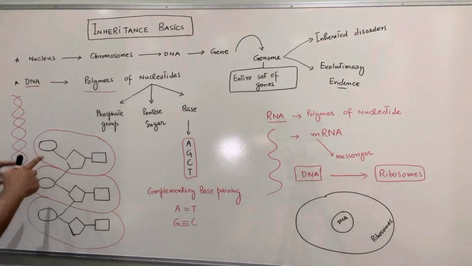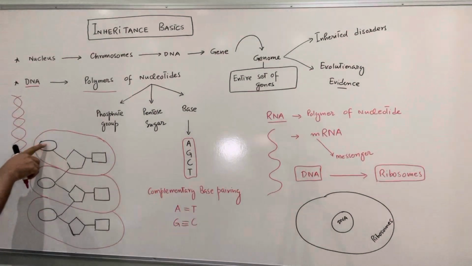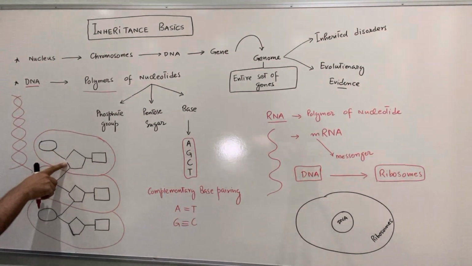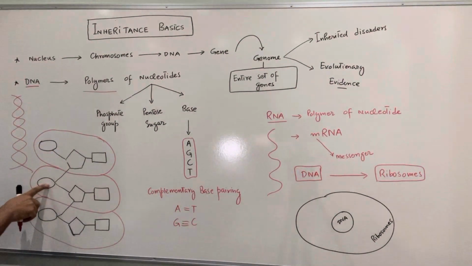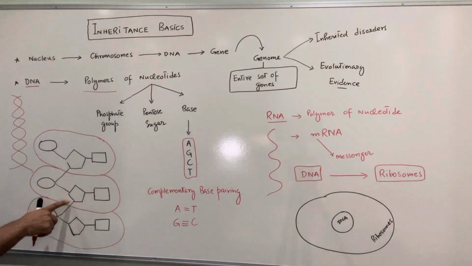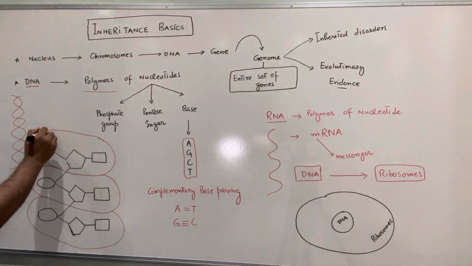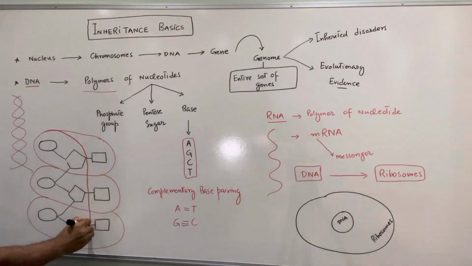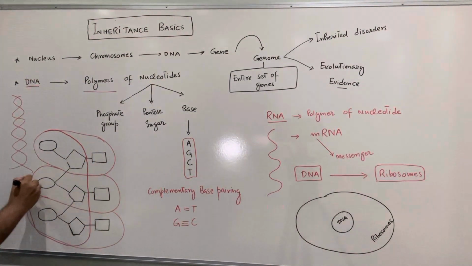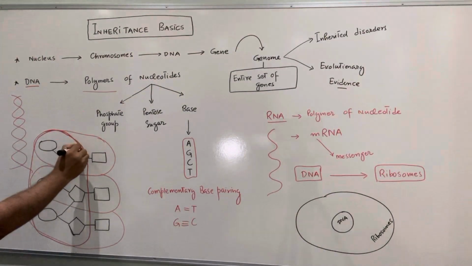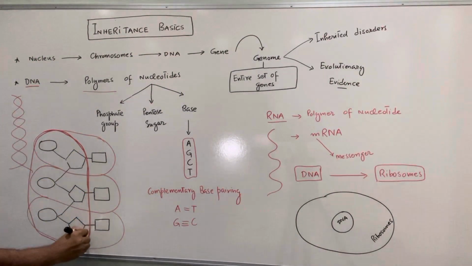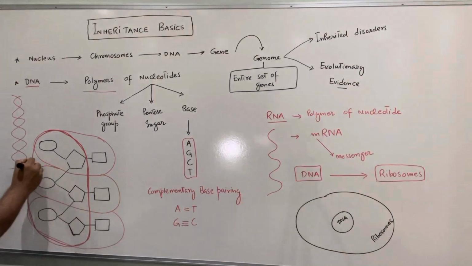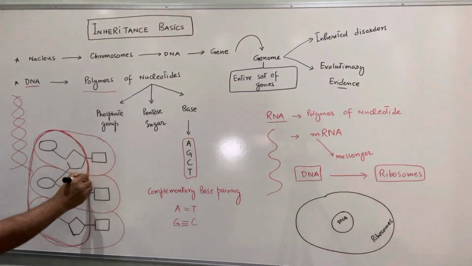Here you can notice that phosphate, pentose sugar, and then again phosphate, then pentose sugar, then again phosphate. This part is called the backbone of the DNA, the phosphate and pentose sugar backbone.